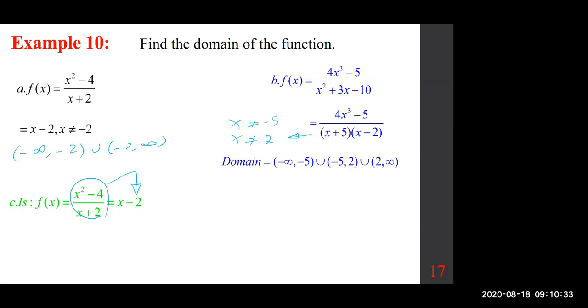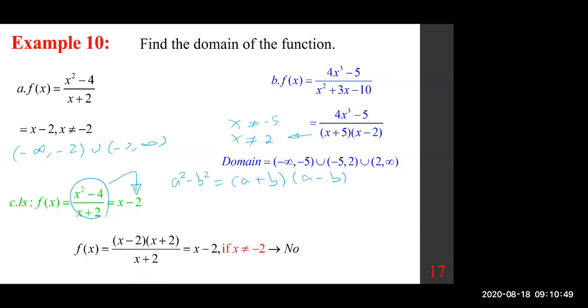Notice you can factor the top, a squared minus b squared. Recall, it is a plus b, a minus b in any order. So you use that and you simplify. So it becomes x minus 2 under the condition that x plus 2 cannot be 0, so x cannot be -2. Because of that, they are not identical.